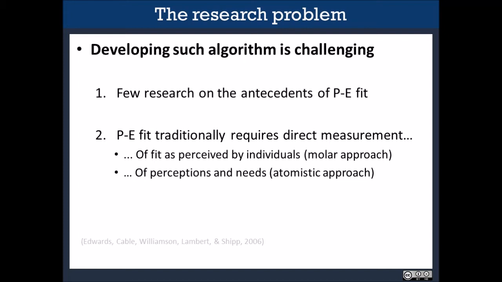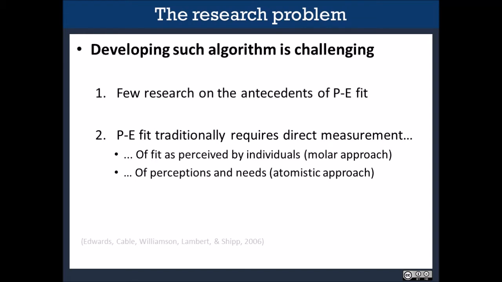The second obstacle is that person environment fit traditionally measures fit with direct measures. So either direct measures of fit as perceived by individuals. So this is what is called a direct perceived fit approach by Edwards and colleagues.